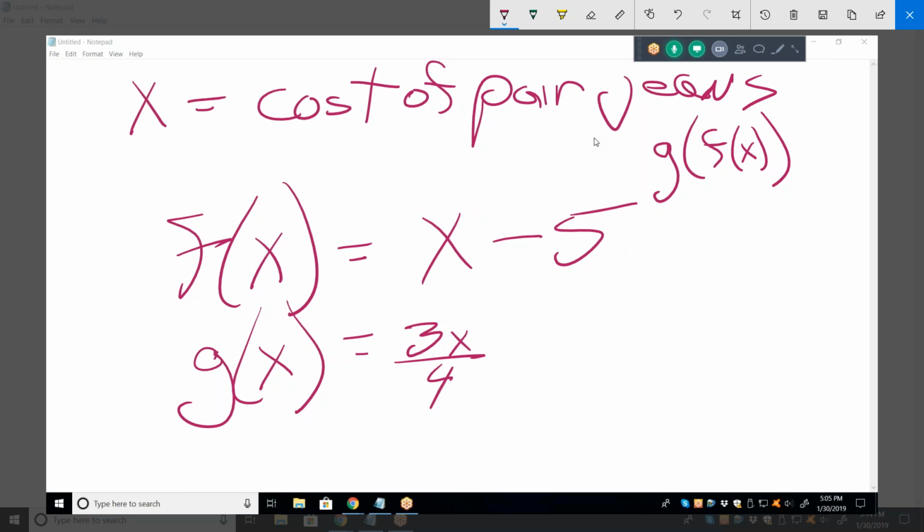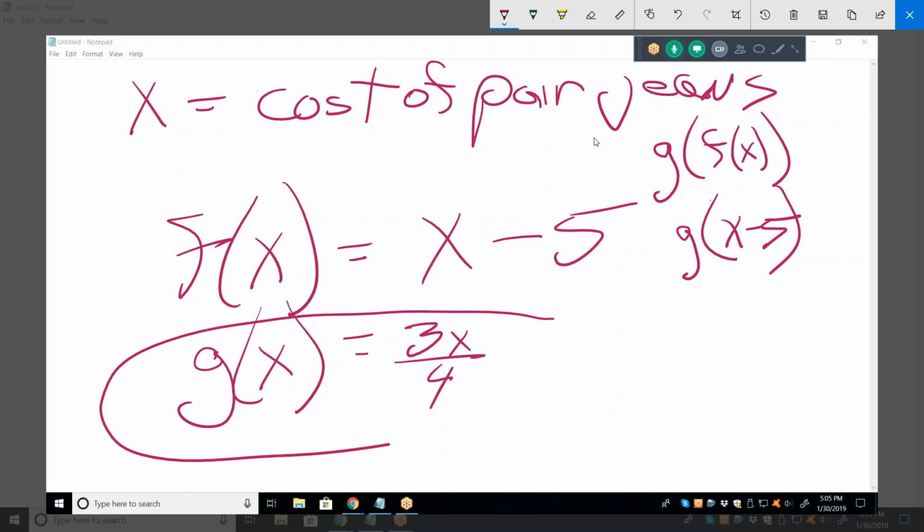So okay, what am I going to put in there in the parentheses? You're going to put f of x, which is x minus 5. Now what am I going to do with what's inside the g parentheses? I'm going to plug it into this function right here.